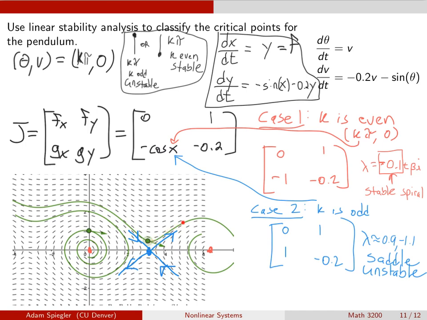It's going to continue to move to the right, and then it's going to settle back down at its bottom, which would correspond to a value of theta equal to 2 pi, meaning it went one full rotation around and then stopped back at its downward hanging point.